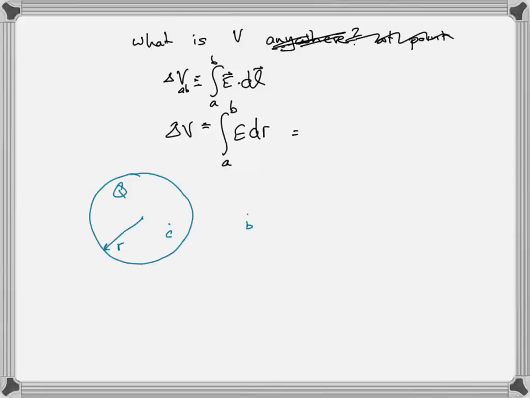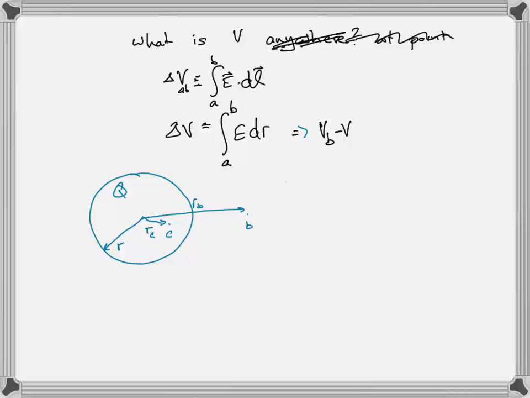So now let's find the electric potential at points B and C, where B and C are some distance r sub B and r sub C away. The radius of the sphere is r. And remember, the convention is to say A is infinity, V at infinity is equal to 0.